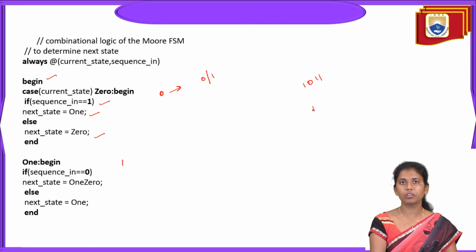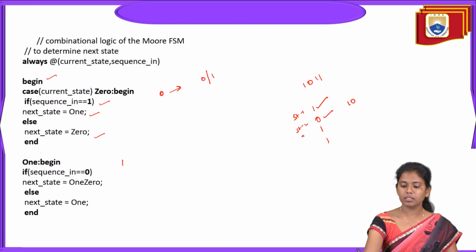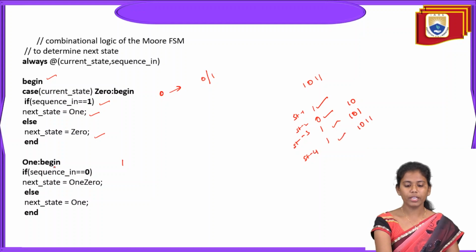So first we are going to detect 1, and in step 2 we are going to detect 0 as 1 0, in step 3 we are going to detect the bits as 1 0 1, and in the fourth step we are going to detect the bits as 1 0 1 1. Right? So here 1 begin.